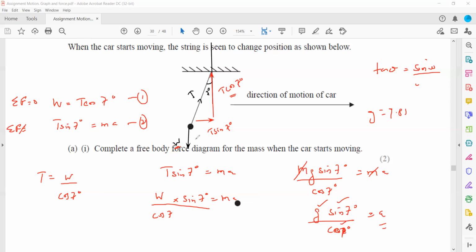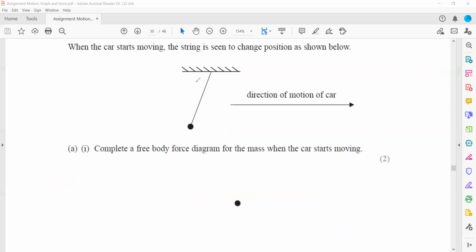Because of vertical, there is no resultant force. As you can see in the question, this is a tension. The weight is acting downward. They mention that it is making 7 degrees to vertical.